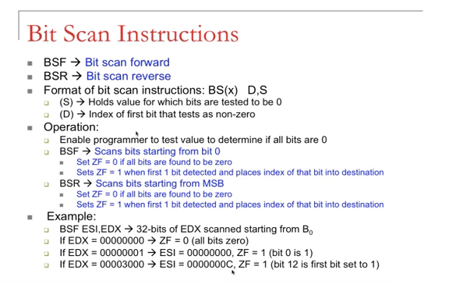ESI is a register. C is just a value in hexadecimal. ESI should have a value 12.